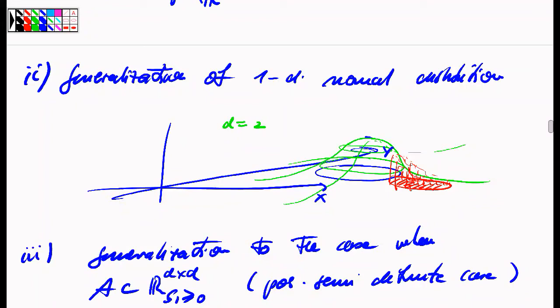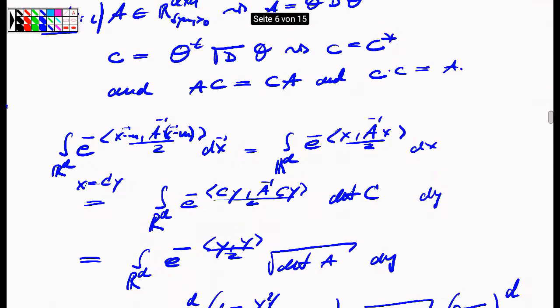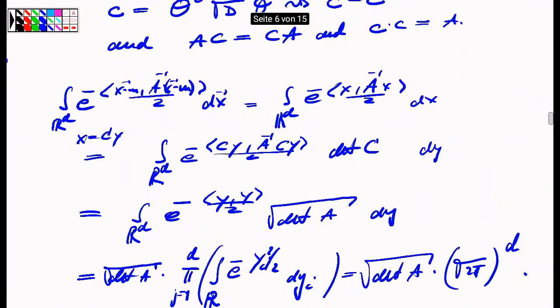And why do we have such a hill here, such a beautiful mountain as a graph of the function which we insert here? Well, that's something that you will understand easily if you ask yourselves, what are the level sets of this function? When is this exponential expression the same for 2 different x values?